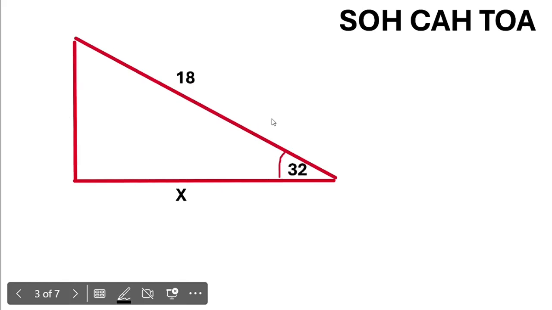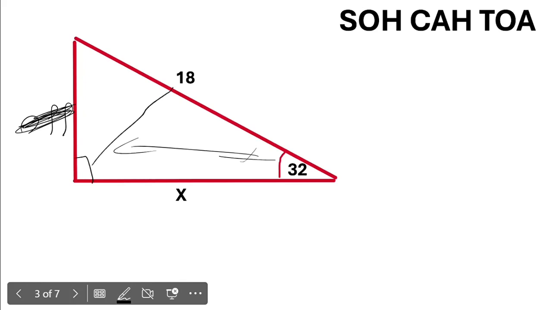Now here we have the angle 32. Here the opposite is unknown, we don't want it. And this is the right angle triangle. The side opposite the right angle is called hypotenuse. 18 is the hypotenuse, and the side next to 32 is called adjacent.